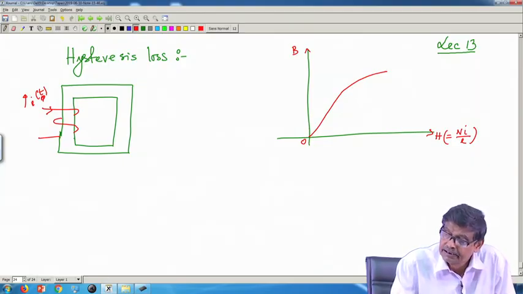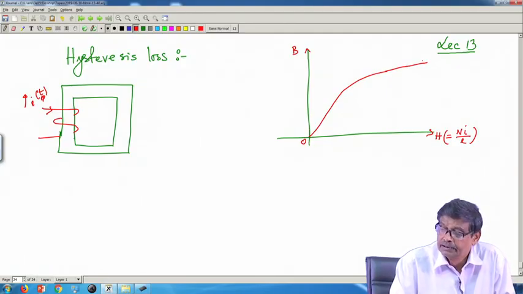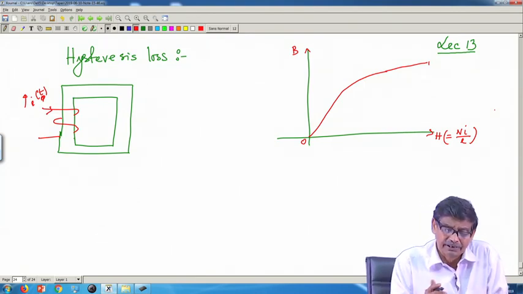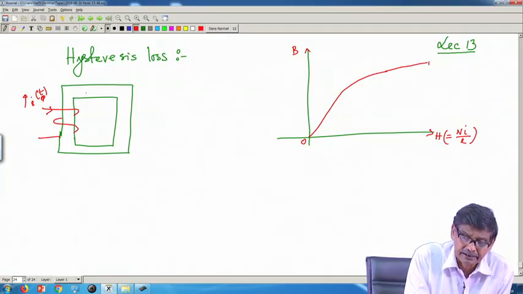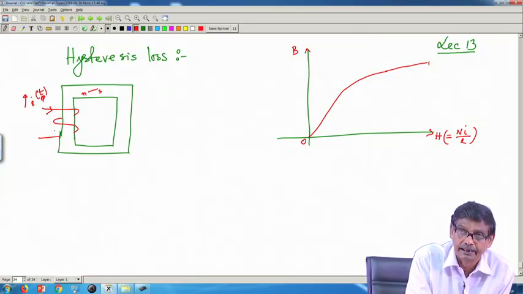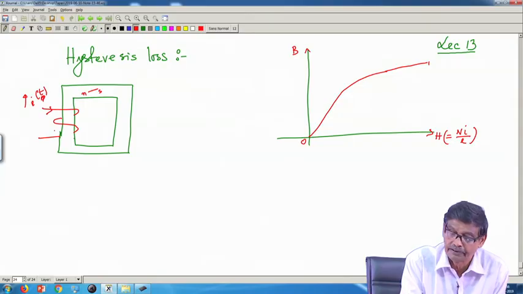Then after some time it becomes saturated, that is further increase in H here will not cause practically any increase in B. The reason once again is we can understand the tiny magnets which are north, south, etc. As you are increasing H, the external magnetizing force, you are forcing the tiny magnets to be aligned in a particular direction.